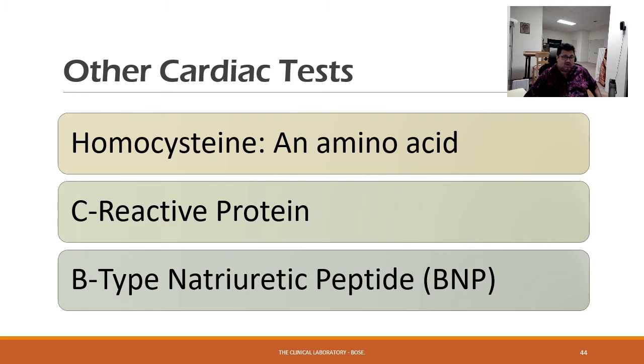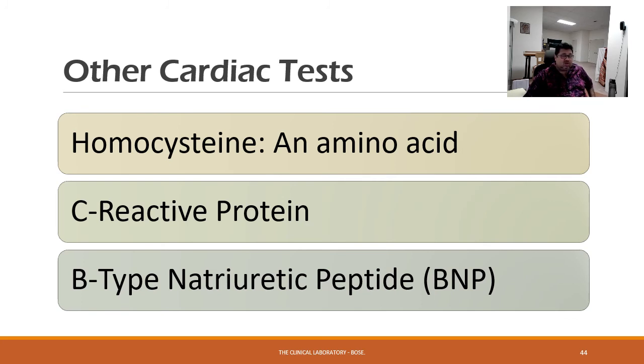These are some other cardiac tests or tests done in cardiac conditions. Homocysteine is a protein, C-reactive protein, another protein, and B-type natriuretic peptide. Each one of these has other important information that it conveys. One of these is the C-reactive protein.